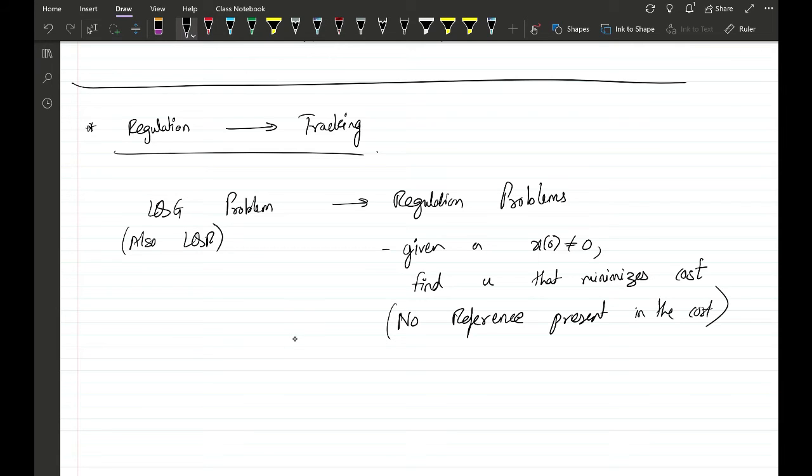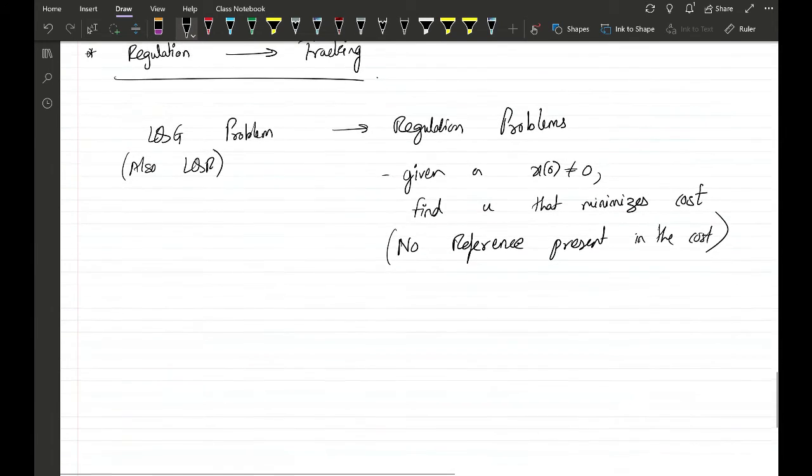In order to use the controller that we obtain from a regulation problem in a tracking problem, we typically use this architecture.